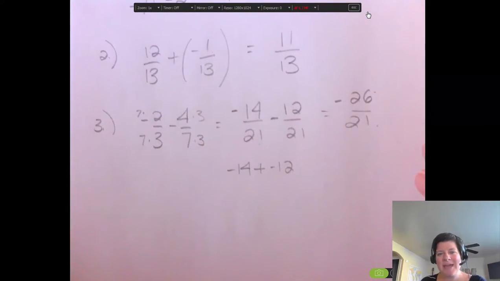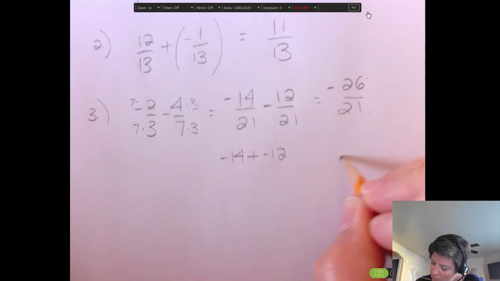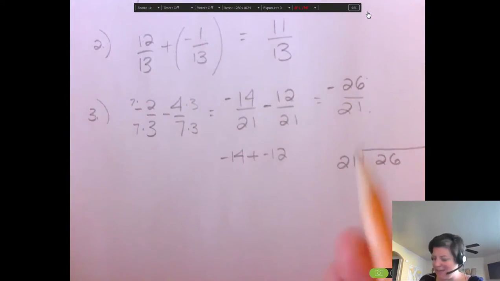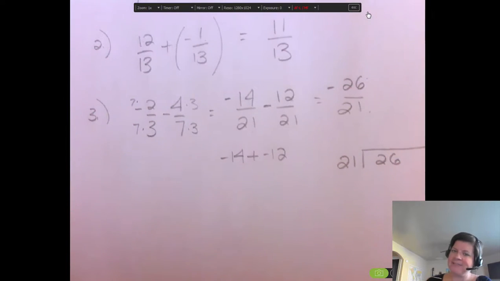If we would like it to be a mixed fraction, then we say, okay, how many times does 21 go into 26? 21 dividing into 26. Again, I'm just ignoring that negative sign for right now. I'm just looking at how to write that number. It will be a negative number, but how do I write it in a different way?